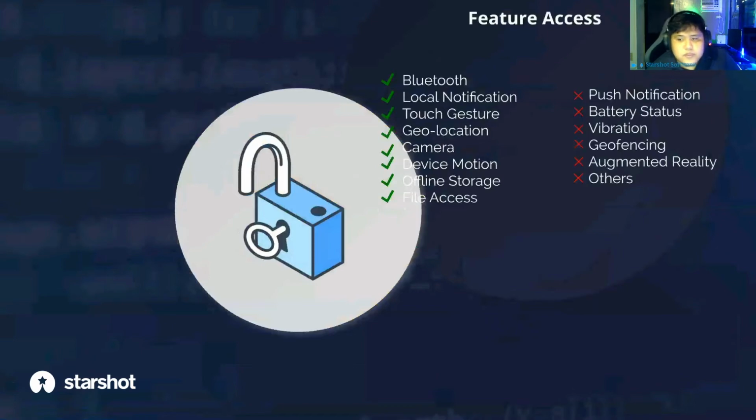Now, they do have the ability to access a lot of features like Bluetooth, local notification, touch gesture, geolocation, camera, device motion, offline storage, and file access. But they don't have access to a lot of features like push notification, battery status, vibration, geofencing, augmented reality, and many more.